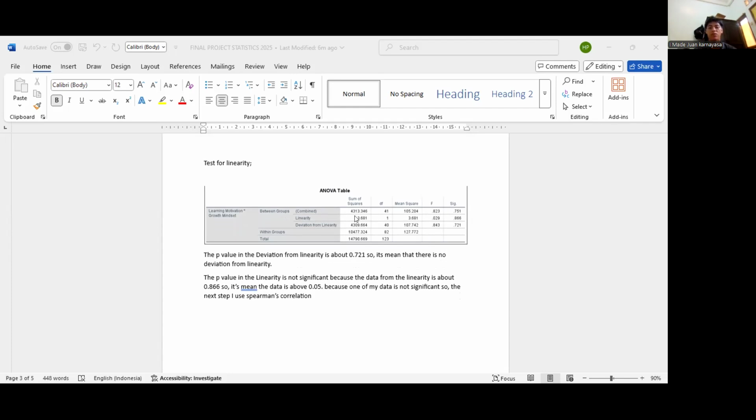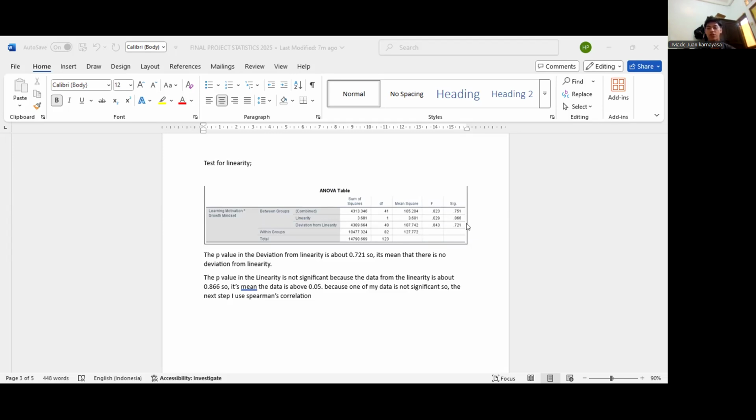This is the important part we are going to check for this analysis. The p-value for linearity, the significant value, is about 0.866. It means it is above 0.05.